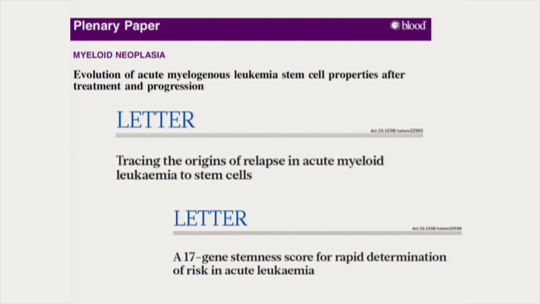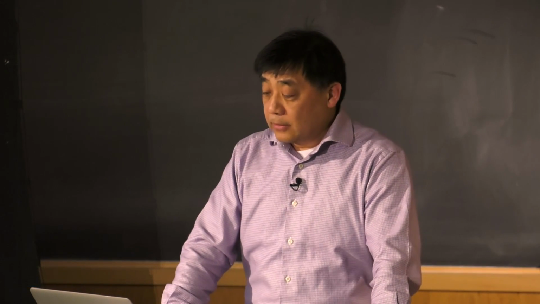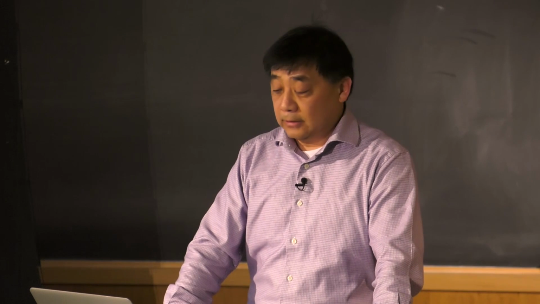People published this 17-gene stemness transcription pattern. You can use it to identify subsets of patients, subsets of cells. In combination with single cell genomics, people have started publishing this type of paper, characterizing stem cell self-renew property versus proliferative property. So I think those have an implication in terms of how the patient should be treated.